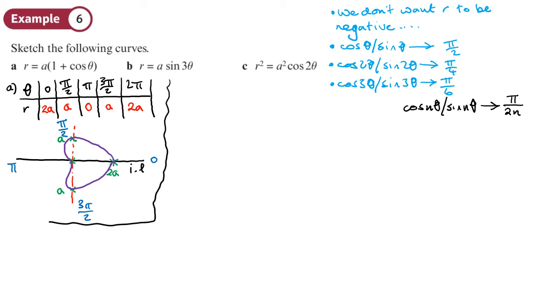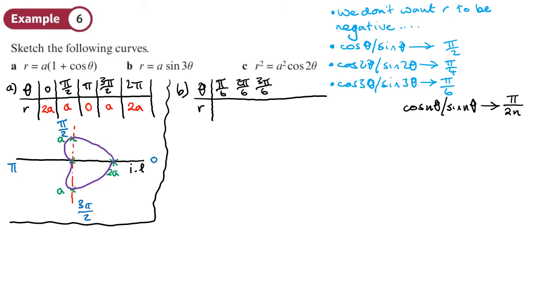So in part B, we're going to do the same thing again. We're going to draw a table. Now, we've got 3 theta, so we're going to go up in pi over 6's. Pi over 6, 2 pi over 6, 3 pi over 6.